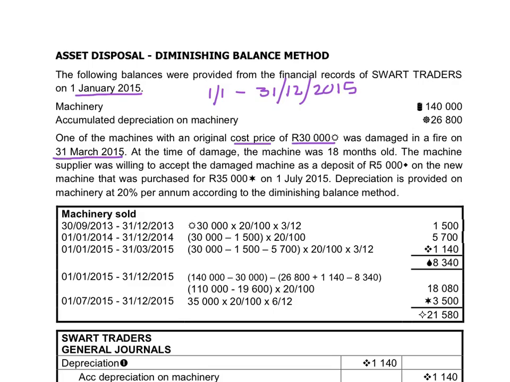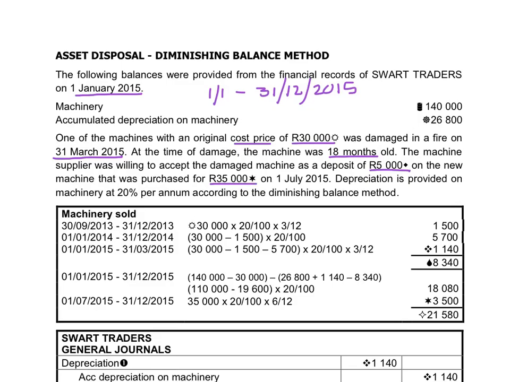So that is 3 months after the beginning of the current financial year. At the time of the damage, the machine was 18 months old. The machine supplier was willing to accept the damaged machine as a deposit of 5,000, so that is the trade-in value, on a new machine that was purchased for 35,000.